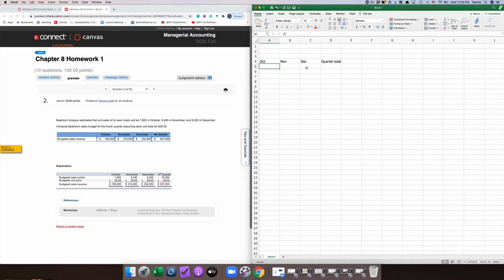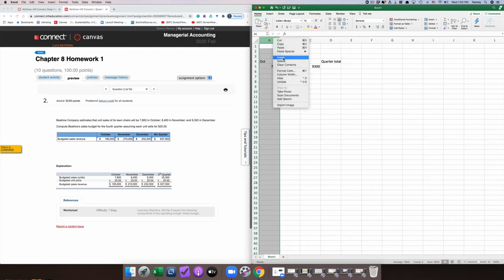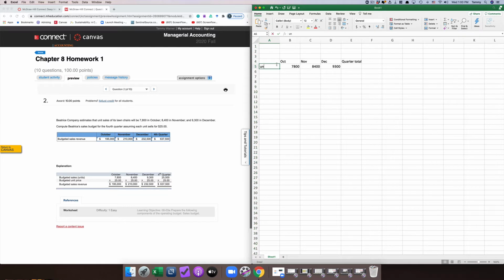And we're going to be selling 7,800 in October and 8,400 in November and 9,300 in December. And each unit sells for, let's add another column here. So we'll say unit sales. We'll say price. And the price is 25 for all of them.